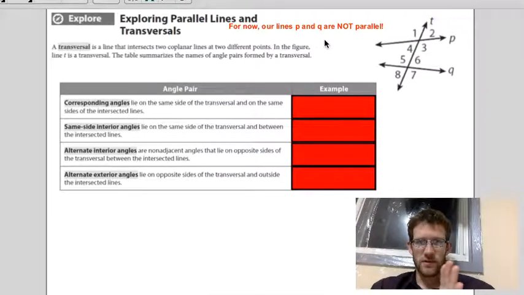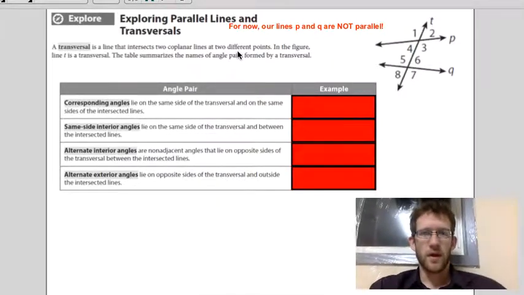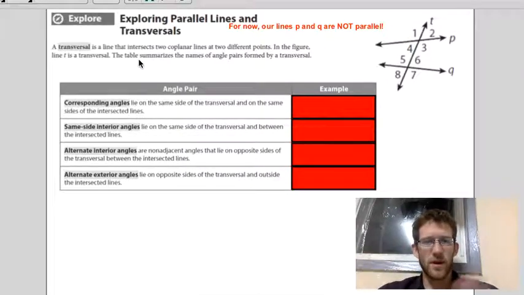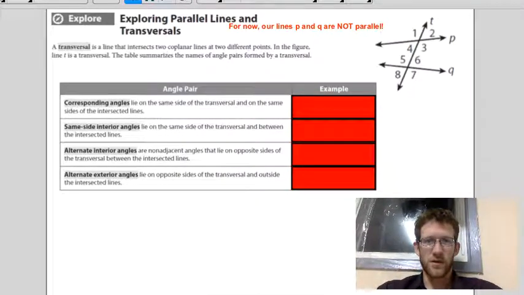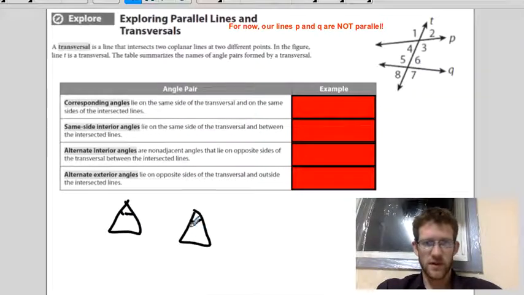For this section, remember the lines don't have to be parallel, but we have a whole bunch of definitions to go through. So the first one is a corresponding angle. So remember how before when we had a triangle, like here's my triangle, and I had a congruent triangle over here, and I'm like, oh, this is the corresponding angle to this corresponding angle here.